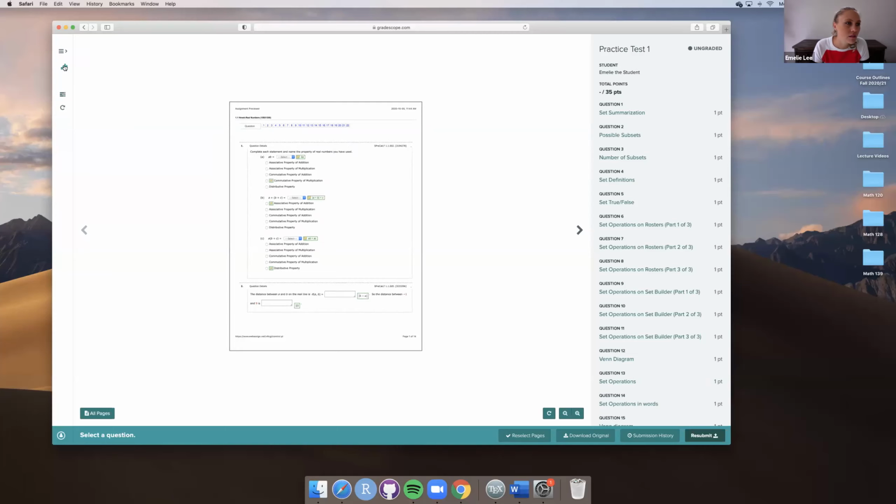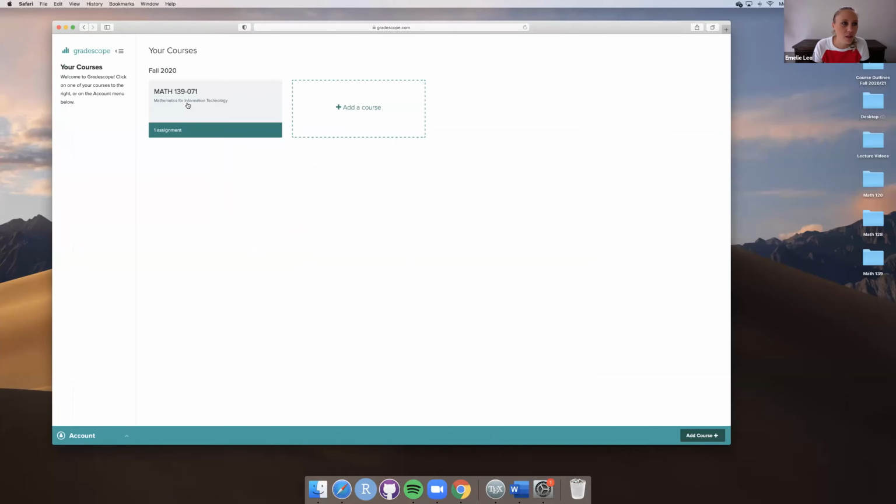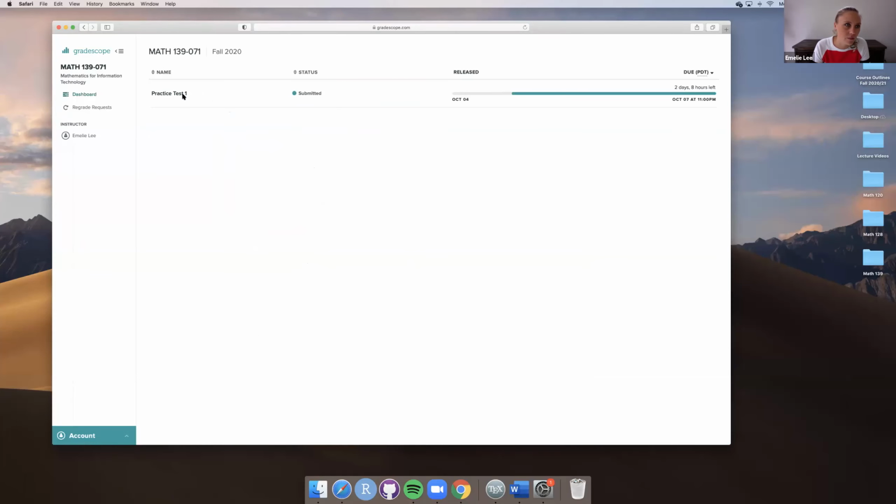I don't know how the regrade stuff works, but it has this timeline of when things are due, so that's good.